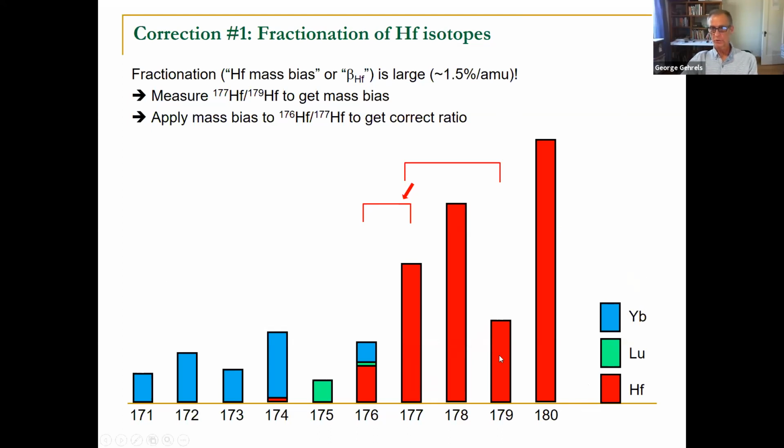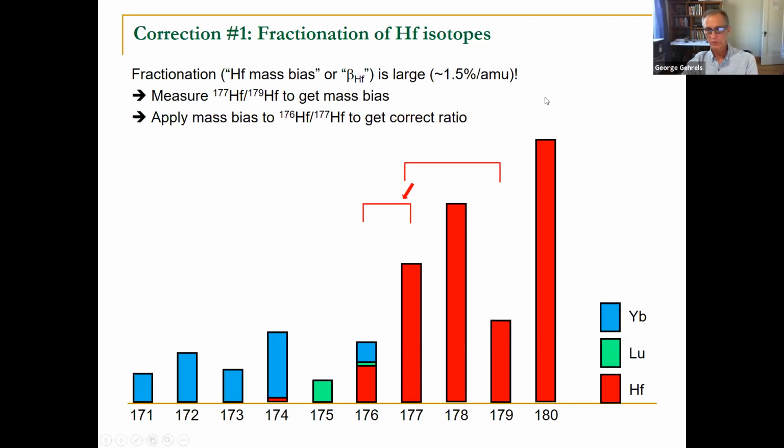We know what this ratio should be. We know 177 to 179. It should have a value of whatever. When you get on your mass spectrometer and you start measuring this, you're going to get a slightly different value. And so what we do is we correct the measured value to the known value. And that's called the hafnium mass bias correction, or beta hafnium. And it's about 1.5% per atomic mass unit, something like that.